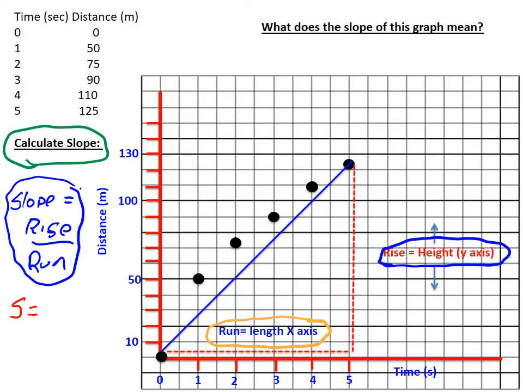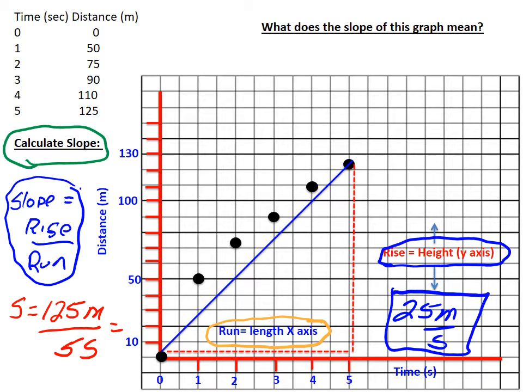So when we're calculating the slope for this line, slope is equal to the rise, which would be the height here on the y-axis, 125 meters, divided by the length over here on the run, which is the x-axis, and that would be 5 seconds. So when we calculate this, 125 divided by 5 seconds gives an answer of 25 meters per second.